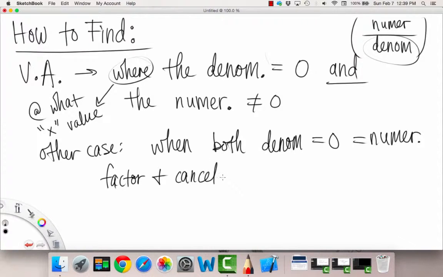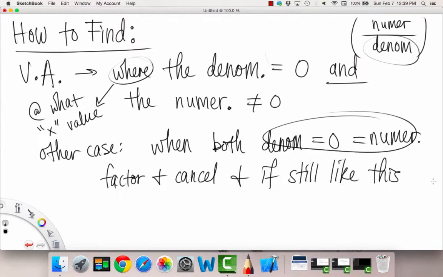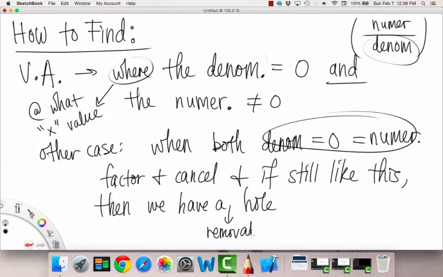And if it's still like this, with both your denominator and numerator equal to 0, then we have what's called a removable hole in the graph. Removable is just the technical term for it.